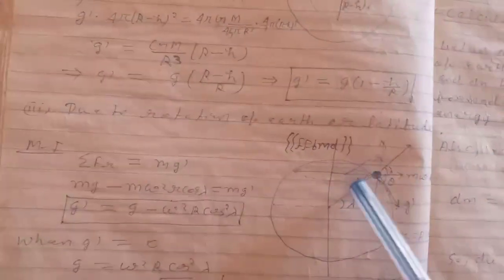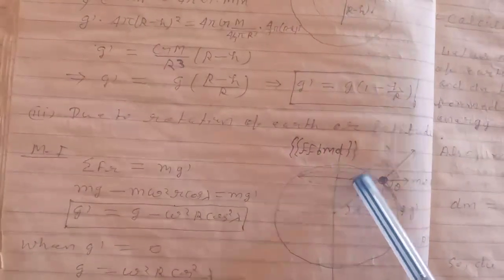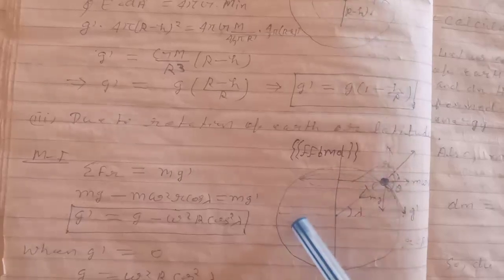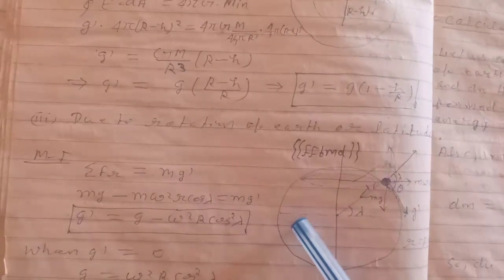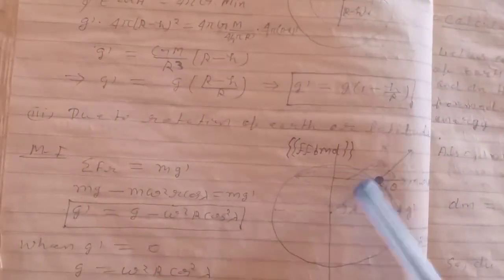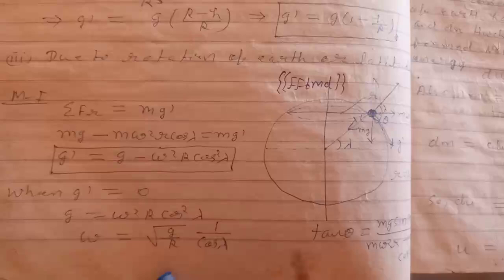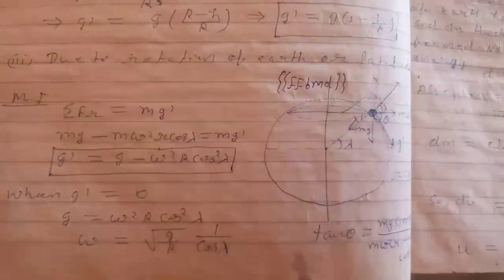Cos lambda equals this length by this, so this length will be R cos lambda. When g dash is equal to 0, g equals omega square r cos square lambda, equals omega into under root g by r into 1 by cos lambda.